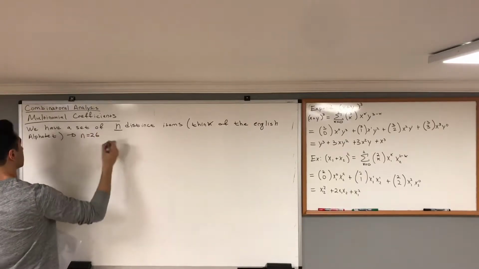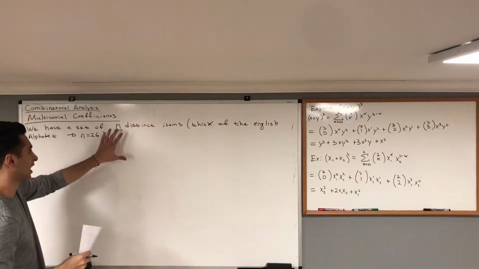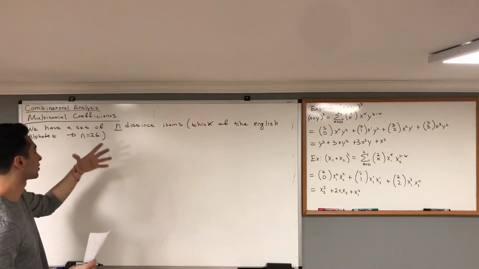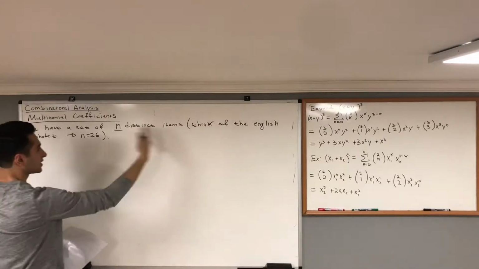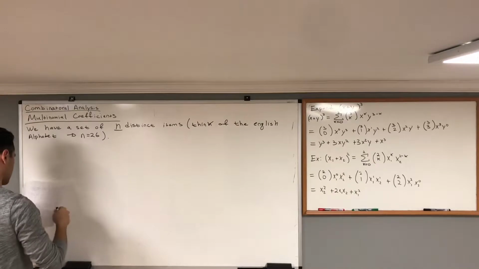This is just a way to sort of get away from the abstraction so you guys understand what I'm talking about. So you have a set of n distinct items. Think of the English alphabet where n equals 26 because we have 26 letters.